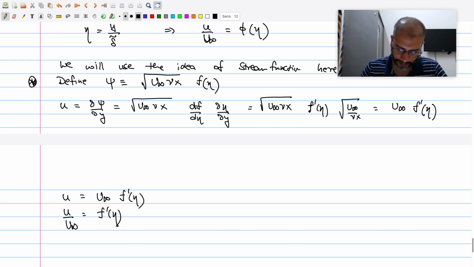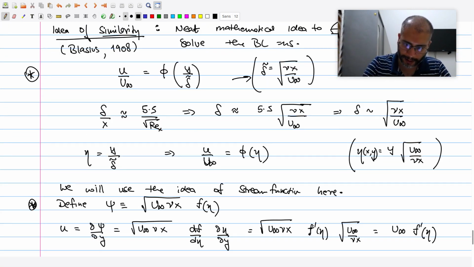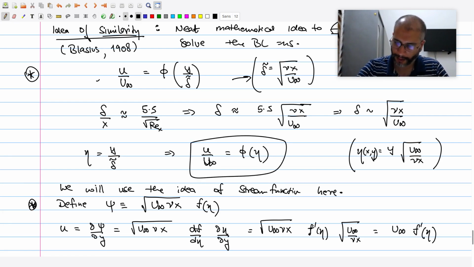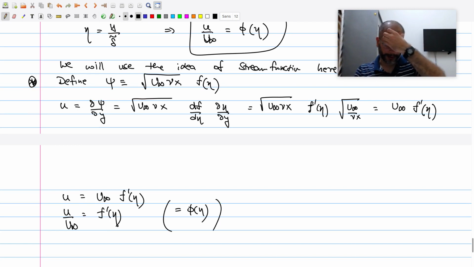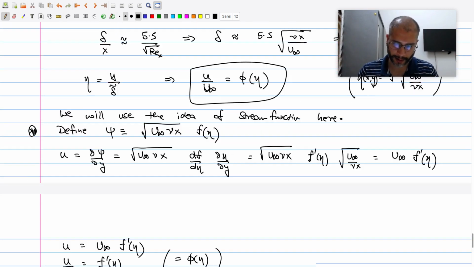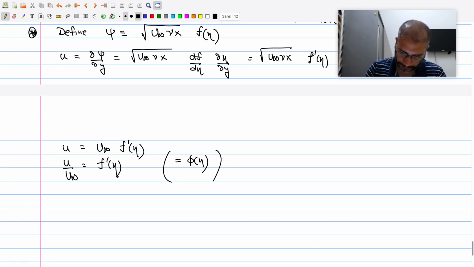And that is what the idea of similarity was, that u upon u infinity is some function of eta. f prime is also a pure function of eta, so that phi is f prime. So this choice of stream function is good. It satisfies our idea of similarity. So let's write that.